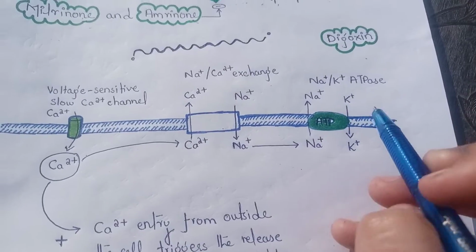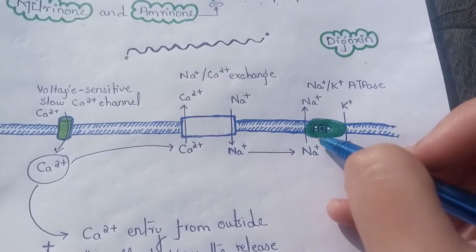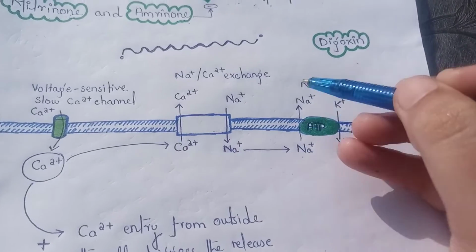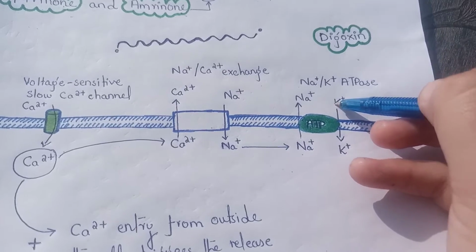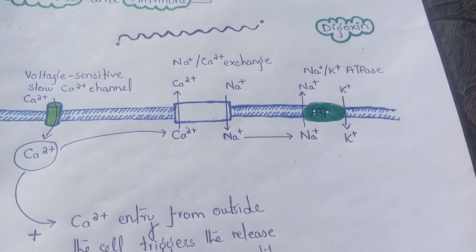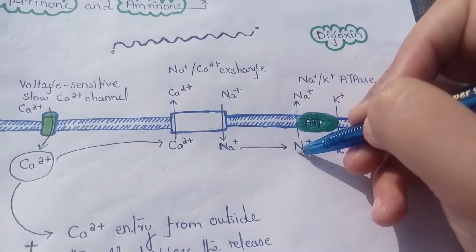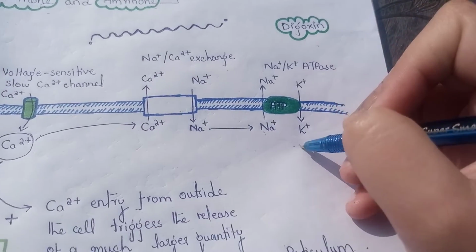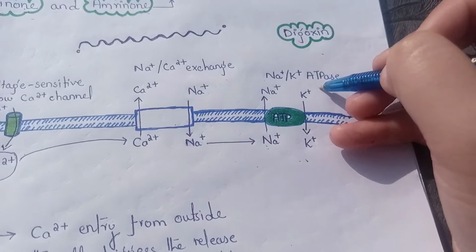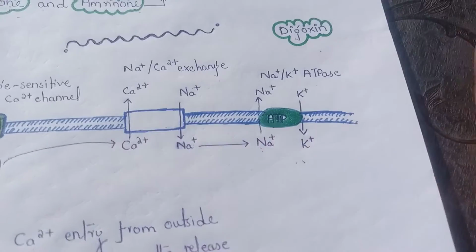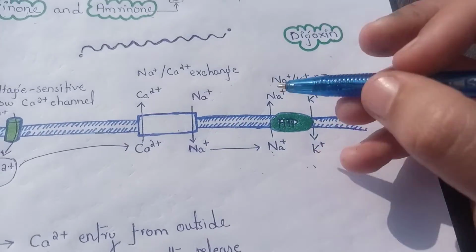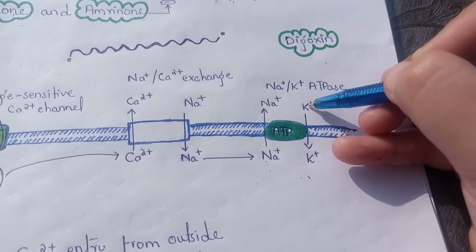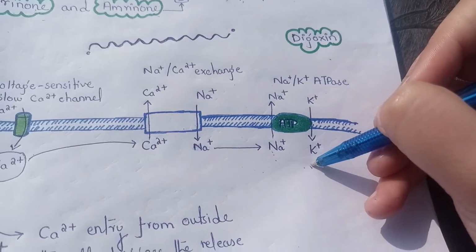Normally, ATP is utilized, and 3 sodium leaves the cell while 2 potassium enters into the cell, with the expenditure of ATP, or you may say energy. Once again I will repeat: normally, 3 sodium leaves the cell and 2 potassium enters into the cell.